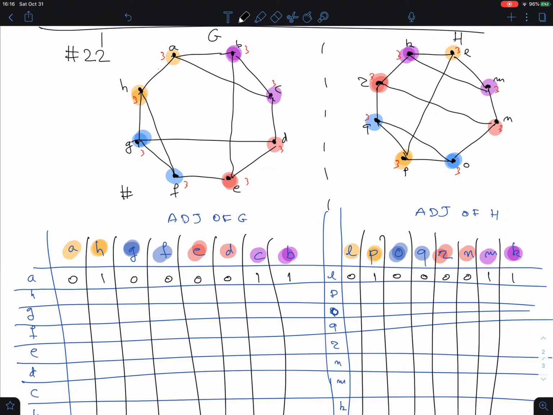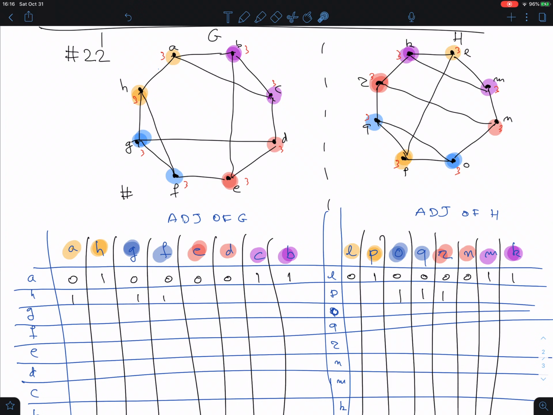Let's do H, the double yellow. What corresponds is A, F, and G. A, F, and G. And the neighbors of P, Q, O, and R. Wait, where am I?